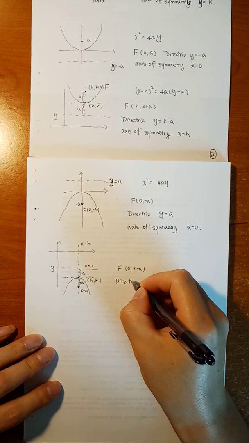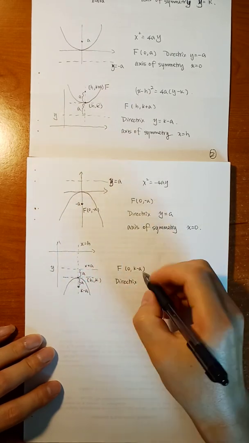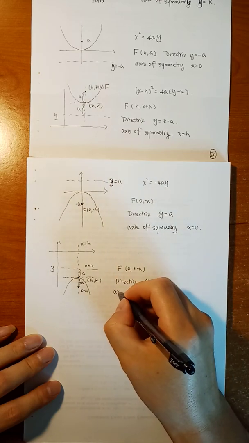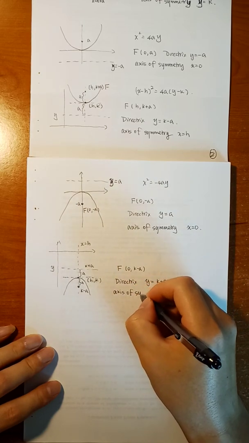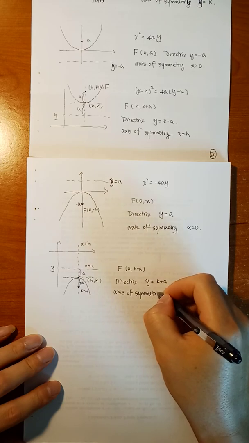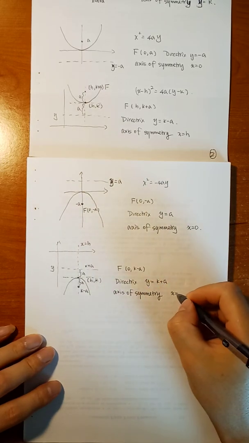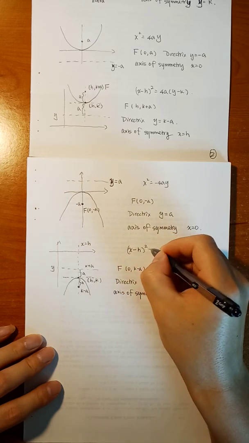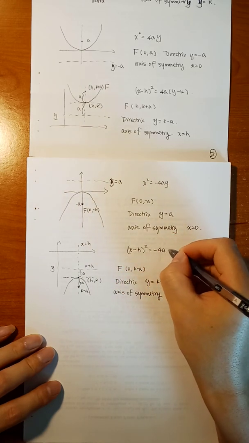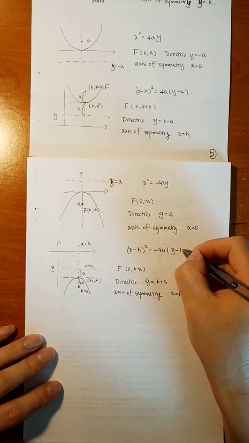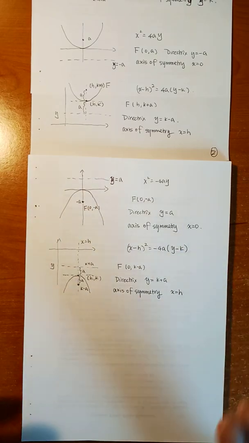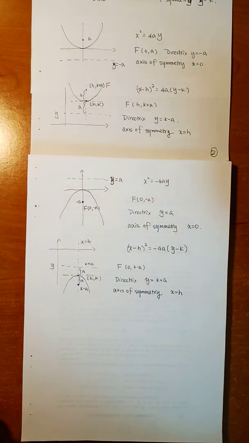Directrix is y equal to k plus a, and axis of symmetry is x equal to h. The equation is x minus h squared is negative 4a times y minus k. Okay, so all four cases can be cleared by this method.